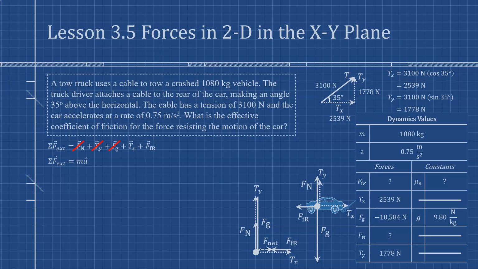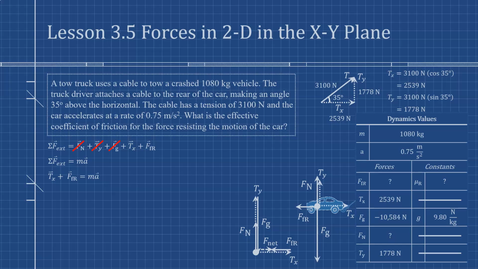What's going to govern the acceleration in the x dimension is the x component of the tension and the friction force. X component of tension pulling forward. Hopefully it's pulling forward harder than the friction force. The friction force is going to be resisting that forward motion, leading to an acceleration forward of the vehicle as I tow it. Okay, next I'm going to combine my two net force equations, those sum of the external forces.